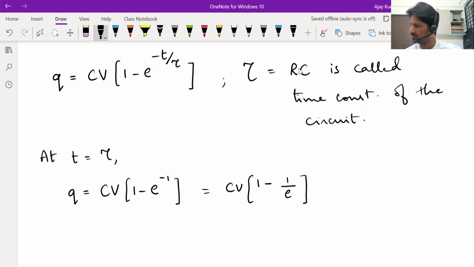Around 1 by 2.7, that will be 0.37, let it be. And 1 minus 0.37 becomes 0.63.